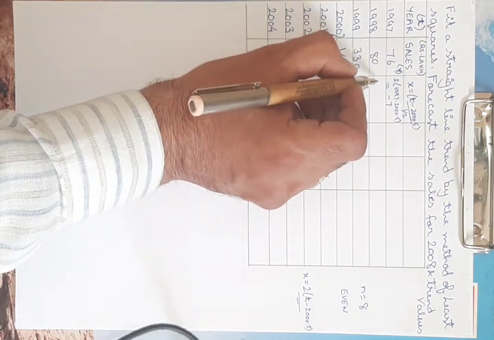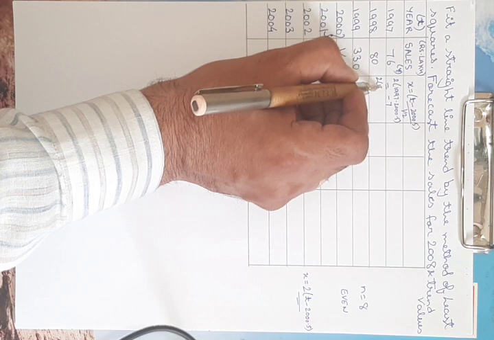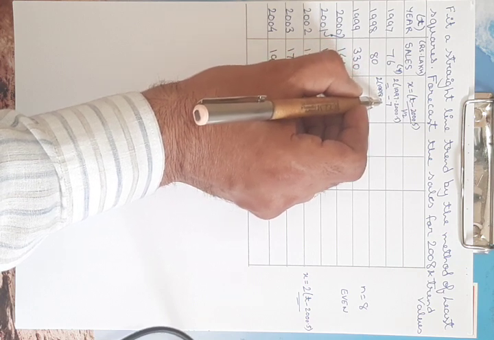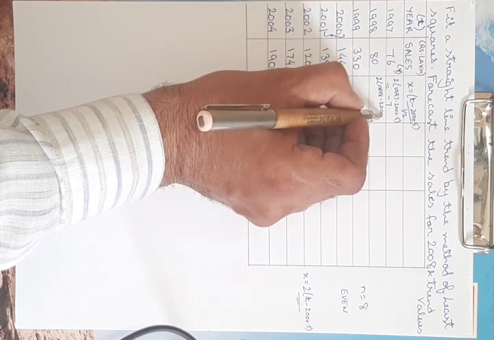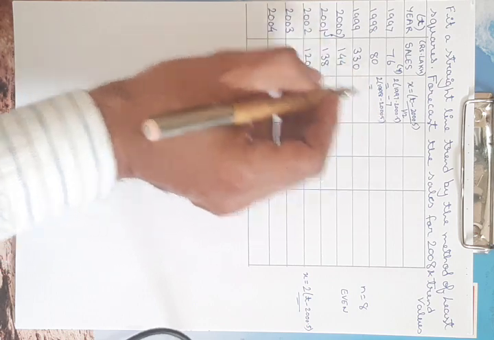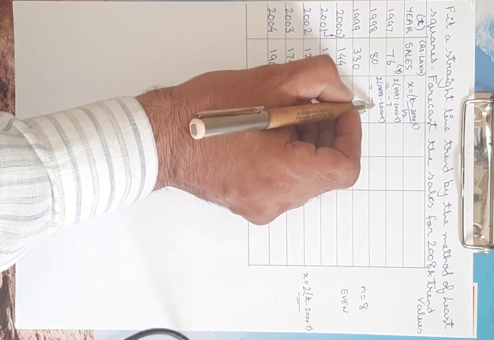Again, for 1998, 1998 minus 2000.5 comes out to be minus 2.5, multiplied by 2, that means minus 5.